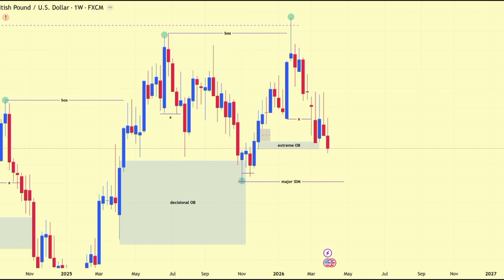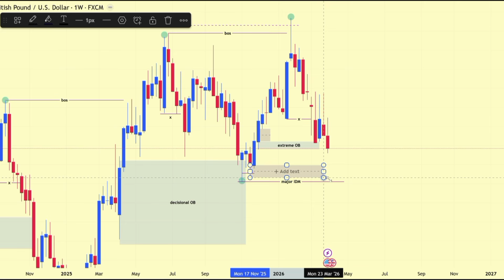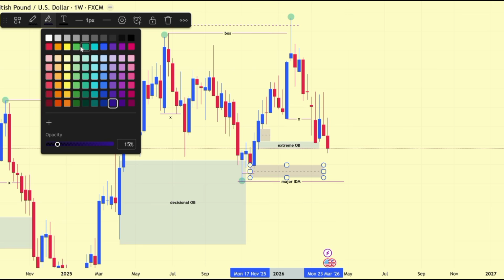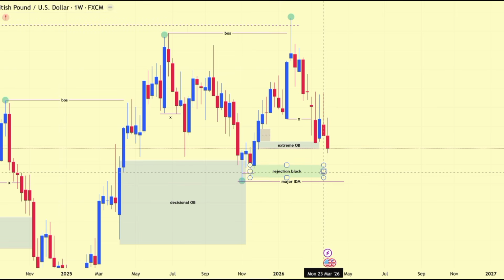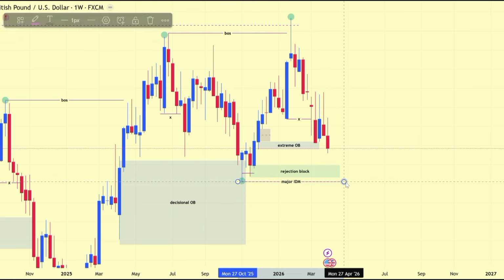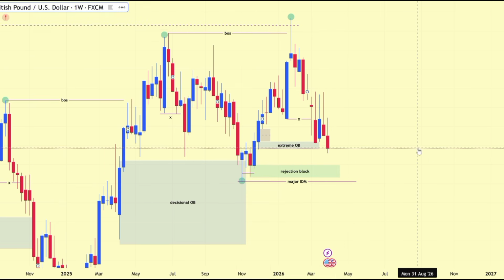If not this rejection block, then we'll be looking forward for this major inducement below here. So there we have it, our rejection block. We are looking forward for price to reverse from this area. If price does not reverse from this area, then we'll be looking forward for this major inducement.